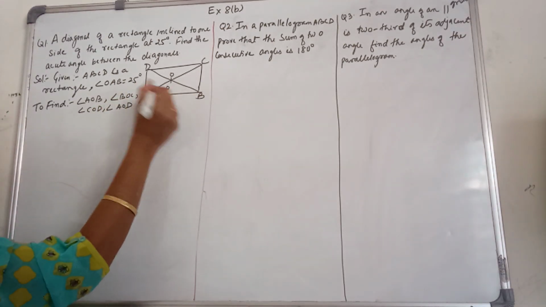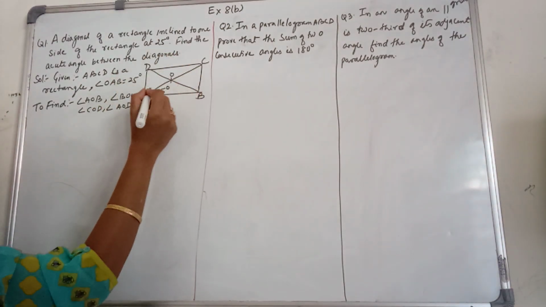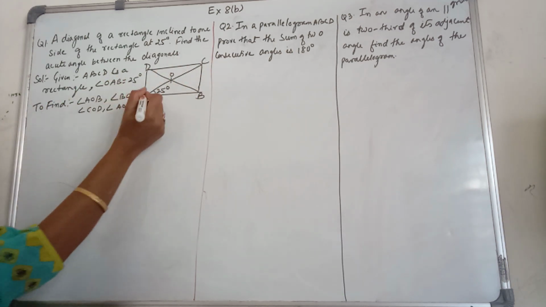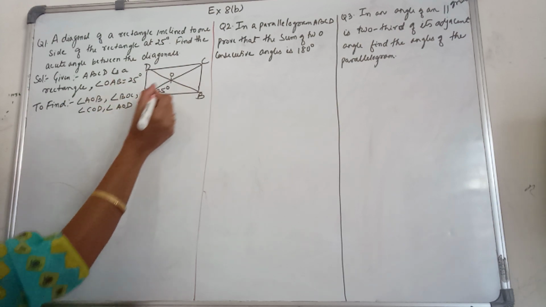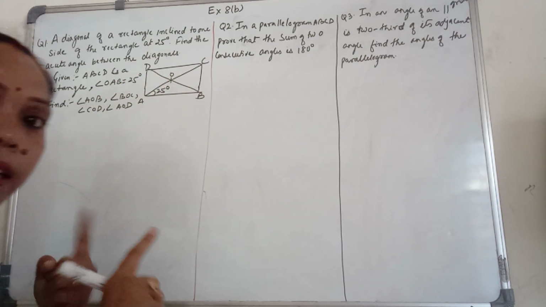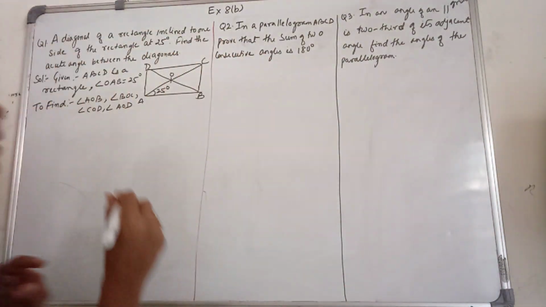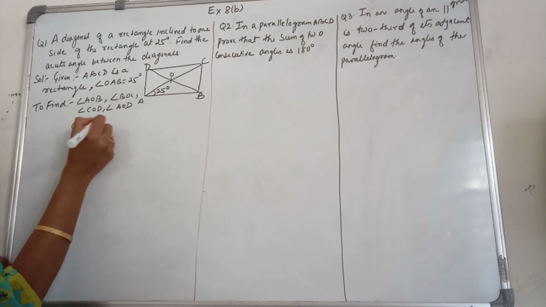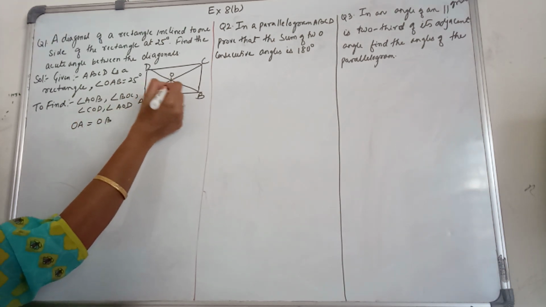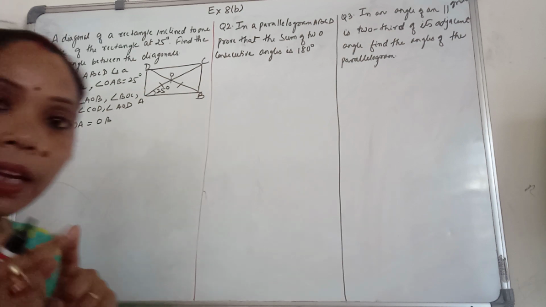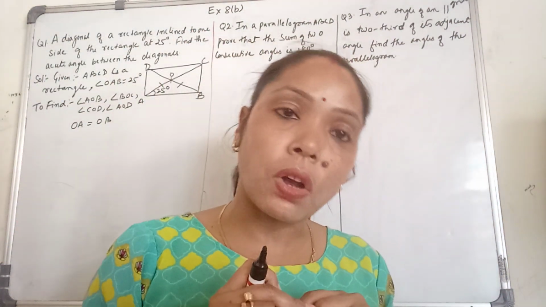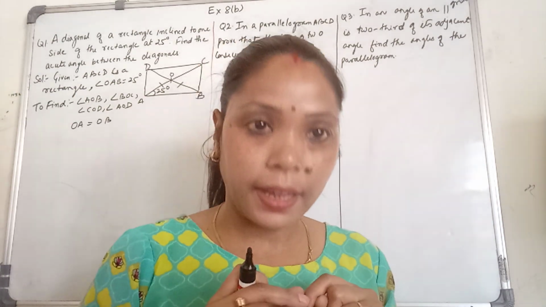If you see here, we know that in a rectangle, diagonals are always equal. So AC is equal to BD, and since O is the intersection of the two diagonals, we have OA equal to OB. These two are equal. Now if the sides are equal, then the opposite angles of the triangle are also equal.